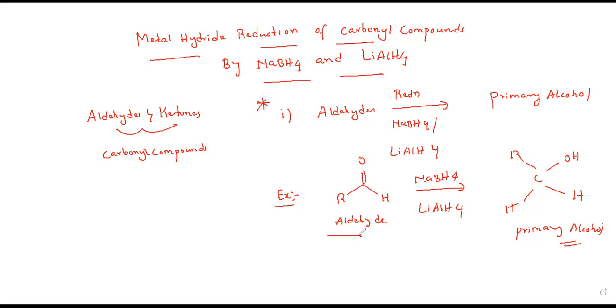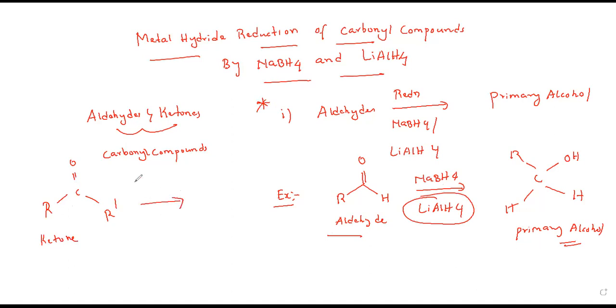When aldehydes are subjected to metal hydride reduction in the presence of sodium borohydride or lithium aluminium hydride, you are going to get primary alcohols. In the same way, if you take ketones, the general formula for a ketone is RCOR'.